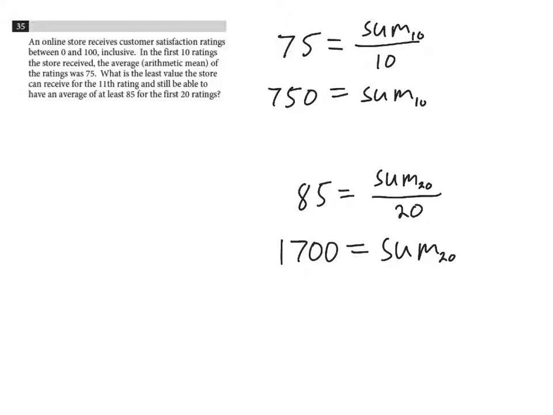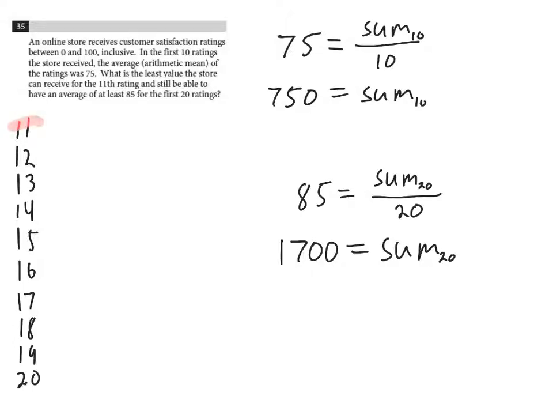So they've already had 10 reviews, and they've got the 11th, 12th, 13, 14, 15, 16, 17, 18, 19, and 20 to go. All right, so they're asking what's the least value they can receive on the 11th.